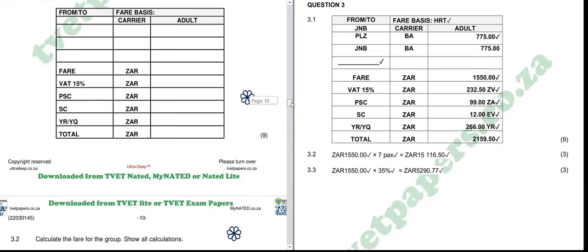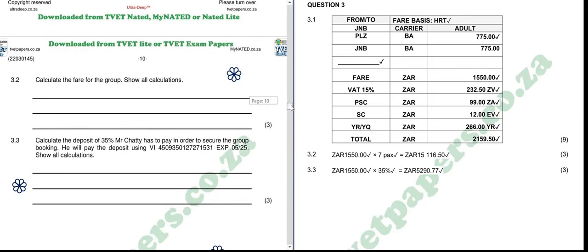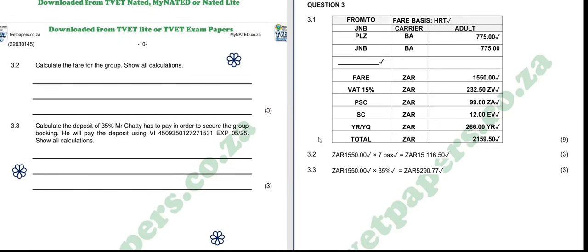Then moving on to our 3.2: calculate the fare for the group, showing all calculations. For 3.2, again, our calculation is shown. 3.3: calculate the deposit of 35% Mr. Chatti has to pay in order to secure the group booking, using the given code and showing all calculations. For 3.3, we also have that calculation as indicated.